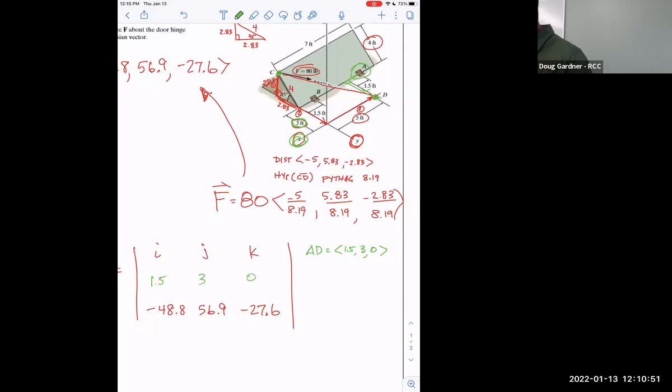But before we go on, let's find the distance from A to C. Yeah, good. Why does it work though? That's a great question. Why would that work on any point?